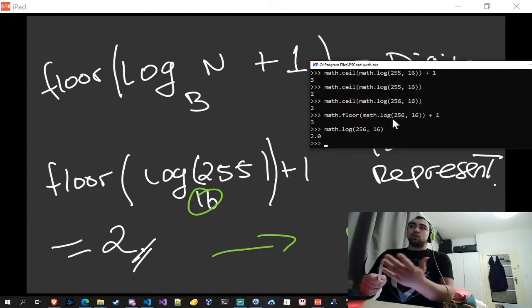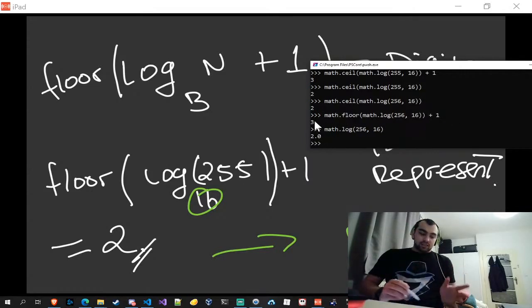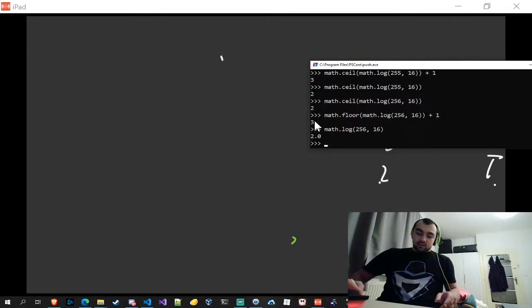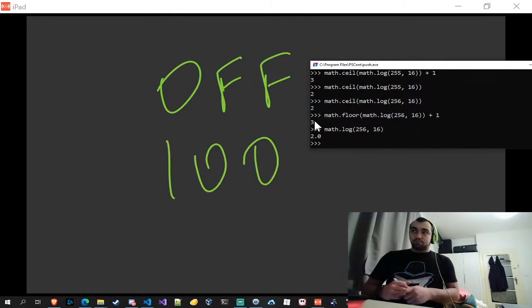And you don't add the plus 1. But 256 actually requires 3 digits. As we can see, if we use our original formula, it's going to give us 3. It requires 3 digits, because obviously it's after FF, right? F is the last digit of base 16. So after FF, you have 100, you have 3 digits.